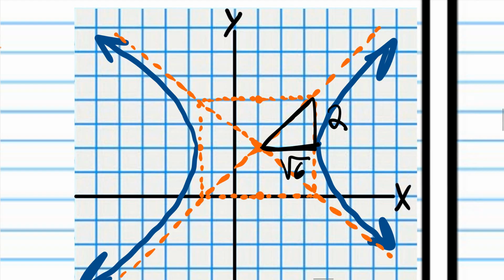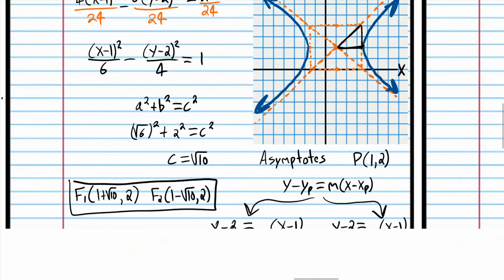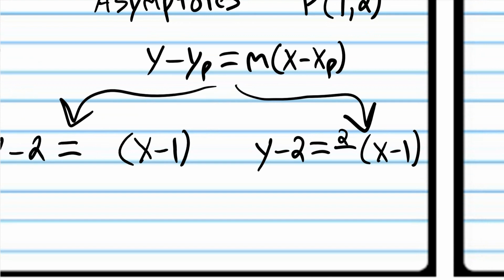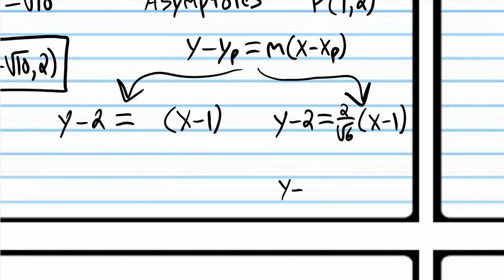Or the rise is 2 and the run is root 6. So 2 over root 6, but we can rationalize the denominator. Multiply both sides by root 6, and we get root 6 over 3.